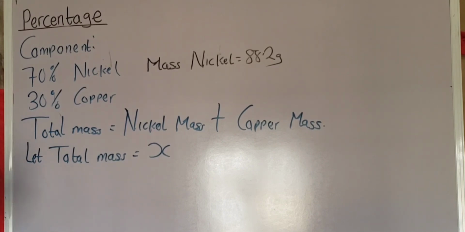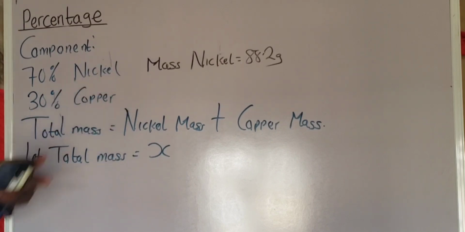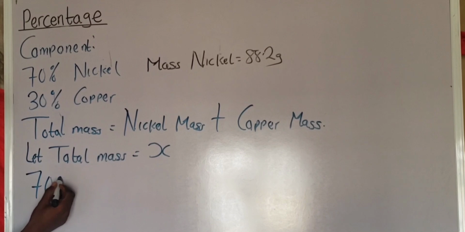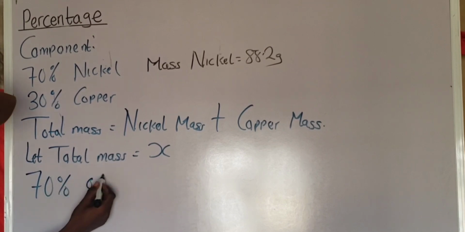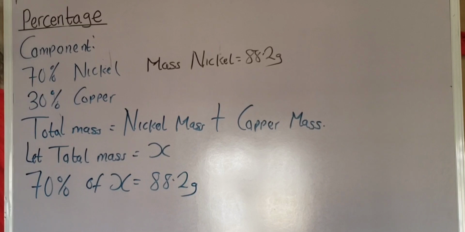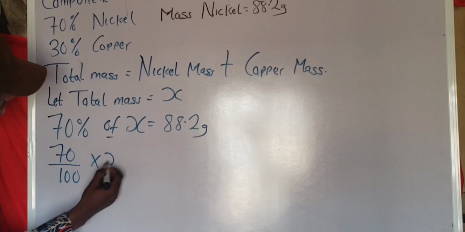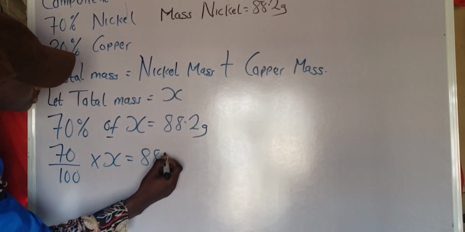So 70% of the total mass is equal to 88.2 grams, which belongs to nickel. So 70% of x is equal to 88.2 grams. In our previous class, we learned that "of" means product, and 70% means 70 over 100. So I change this to a fraction: 70 over 100 multiplied by x is equal to 88.2 grams.